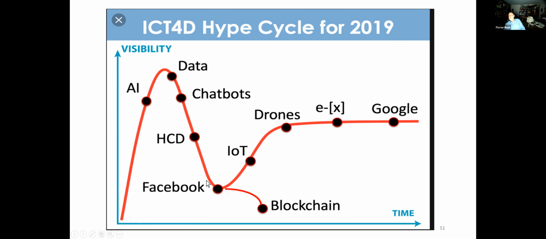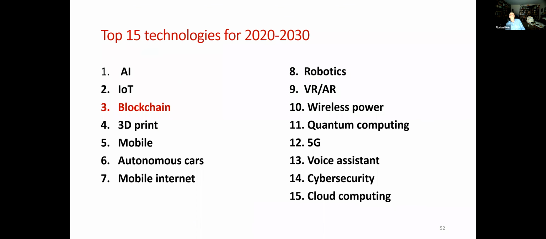Remember, they decided not to proceed with that anymore, but they seem to be almost at the bottom of those things. Based on my measurement of hype, it is. Nevertheless, if you read the literature, you will find blockchain is still on the list of top 15 technologies in the world, at number 3.